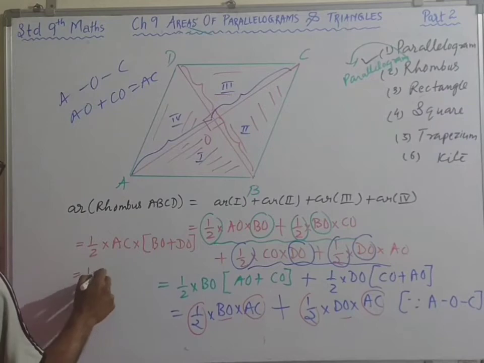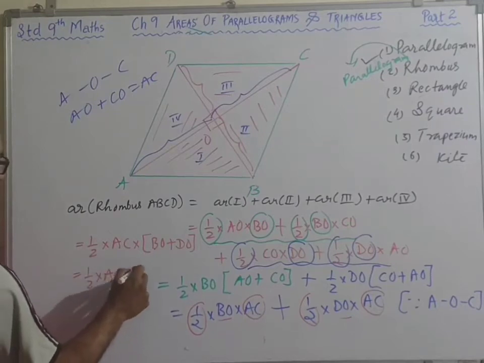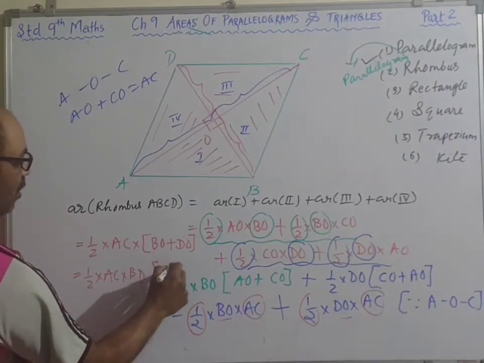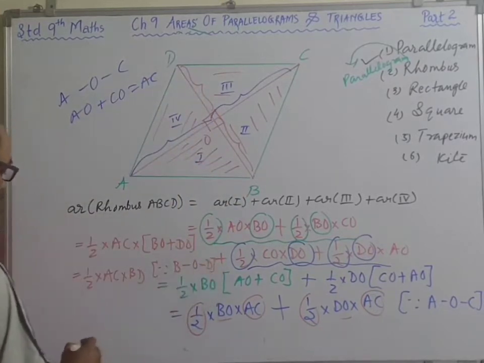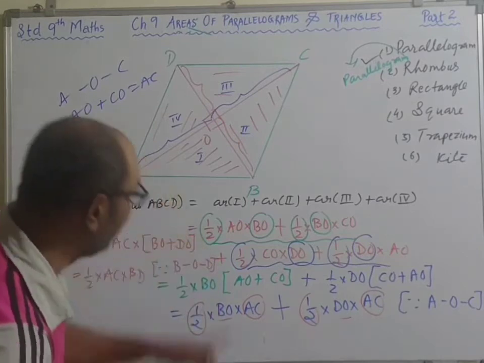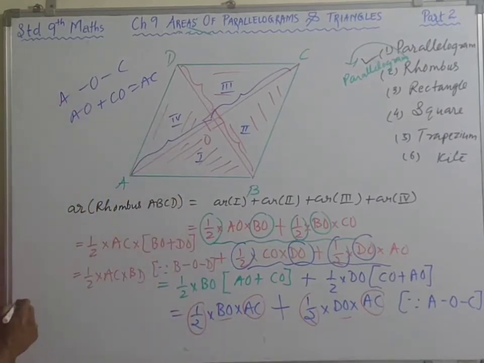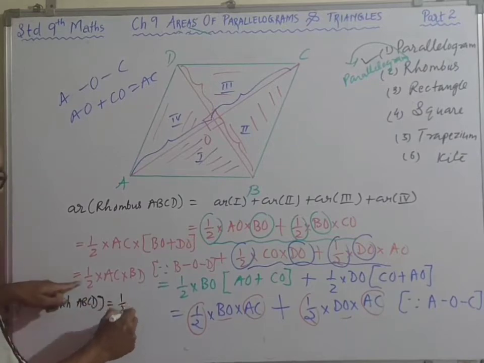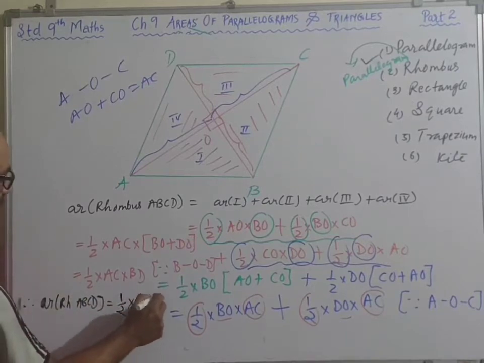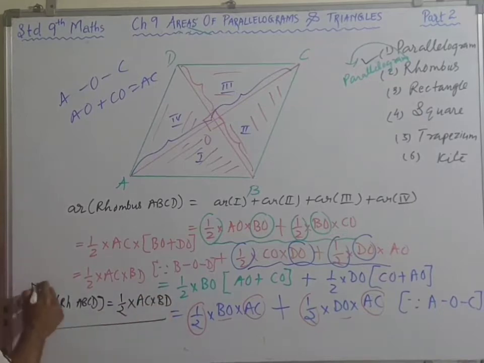So that is half into AC into BD, because B dash O dash D. Children, so that is the area of rhombus. Therefore, area of rhombus ABCD is equal to half into AC into BD. This is the formula to find area of rhombus.